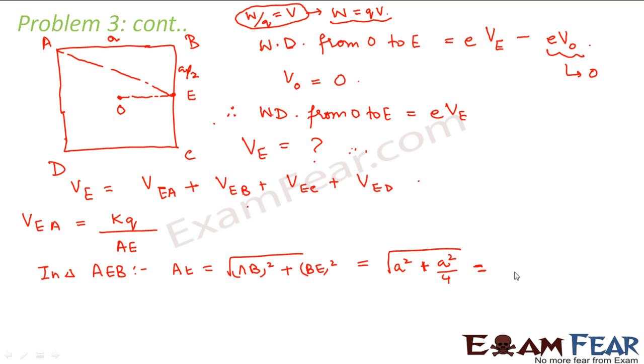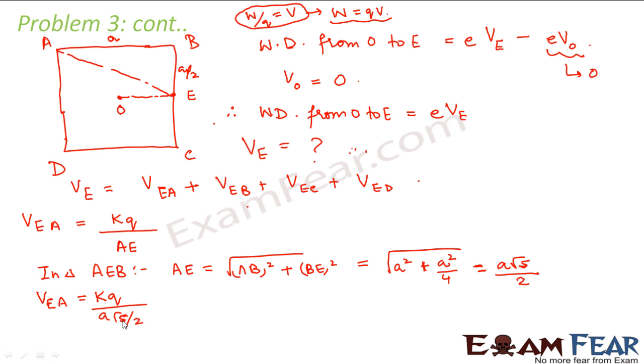So this comes out to be root 5 into A divided by 2. So this is the value of AE. Therefore, potential at E due to A becomes equal to KQ divided by A root 5 by 2. Right?